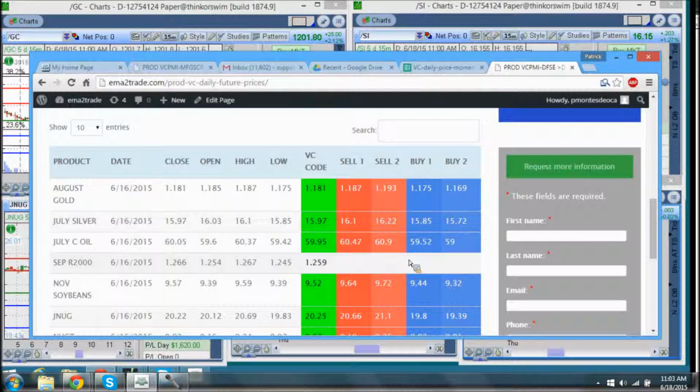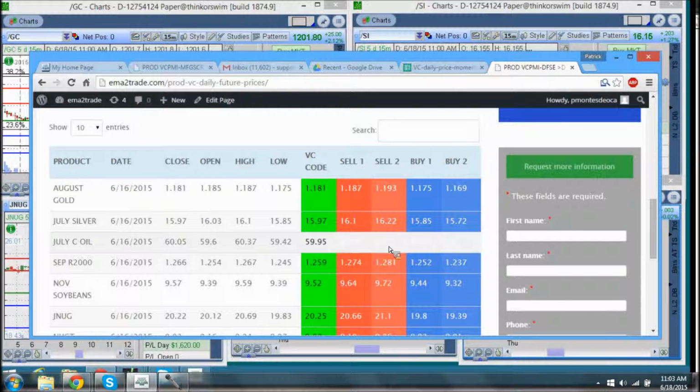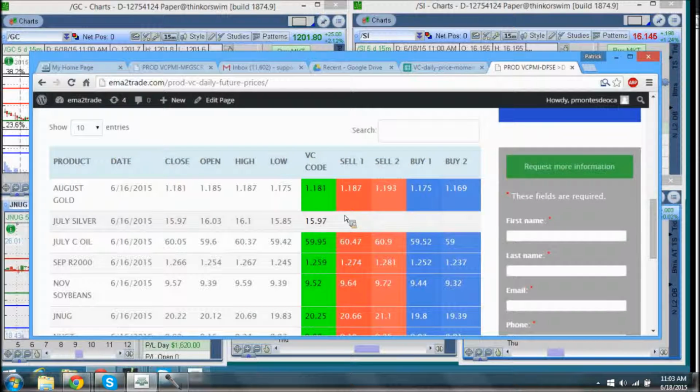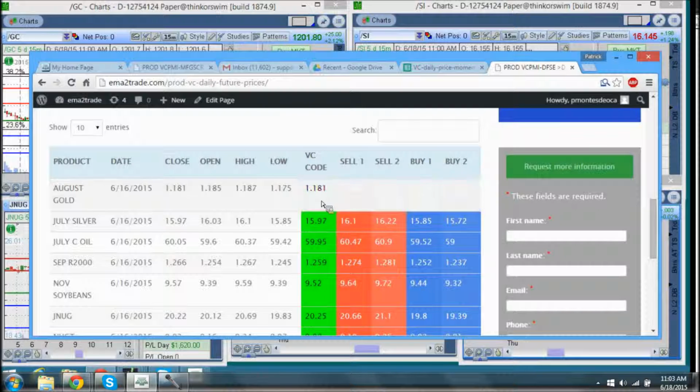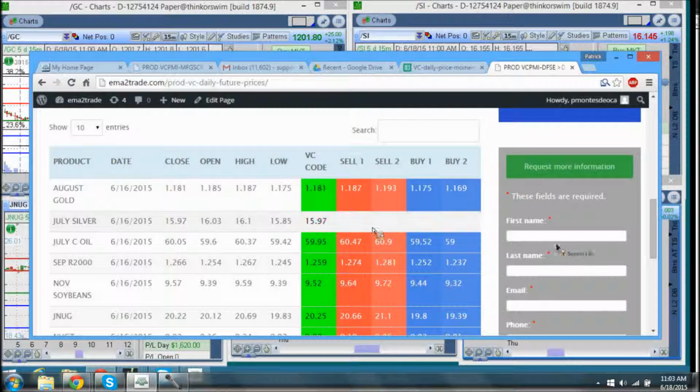And then depending on where it closes, using the 15-minute bar, it will activate a day trading signal for us. A BOB is a bullish signal. Automatically, if it closes above, 1181 becomes your stop. Your target is 1187 to 1193.